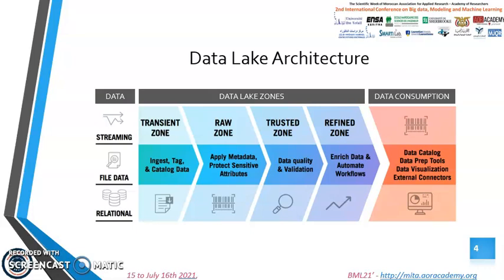Then we have the raw zone, where we can apply metadata and protect sensitive attributes. Then we have the trusted zone, where we apply some data quality inspections and validations. Then we have the refined zone, where we enrich and automate our workflows.